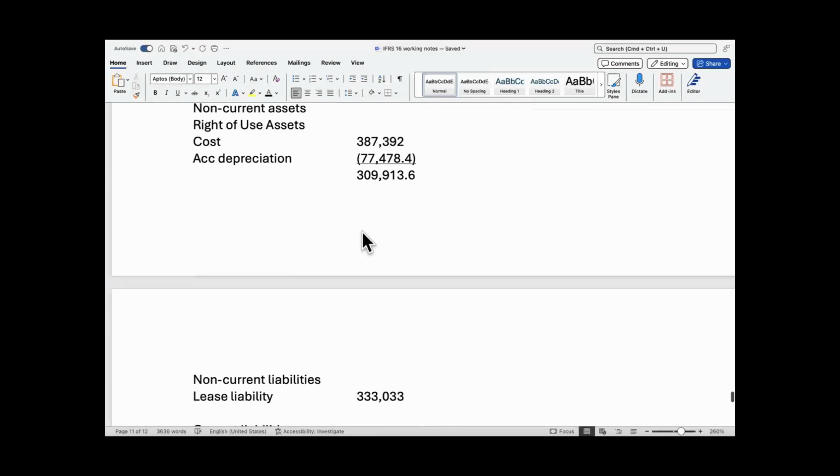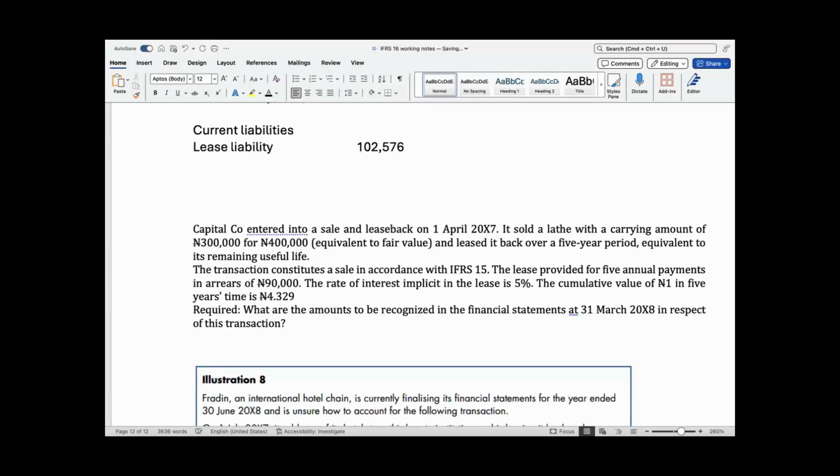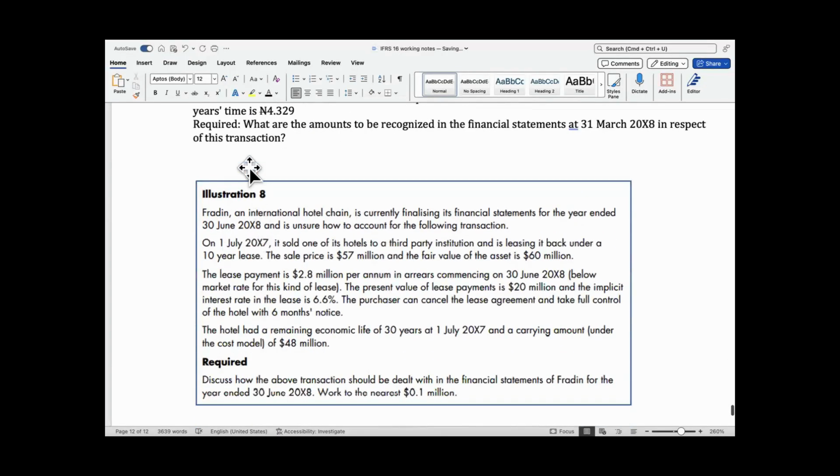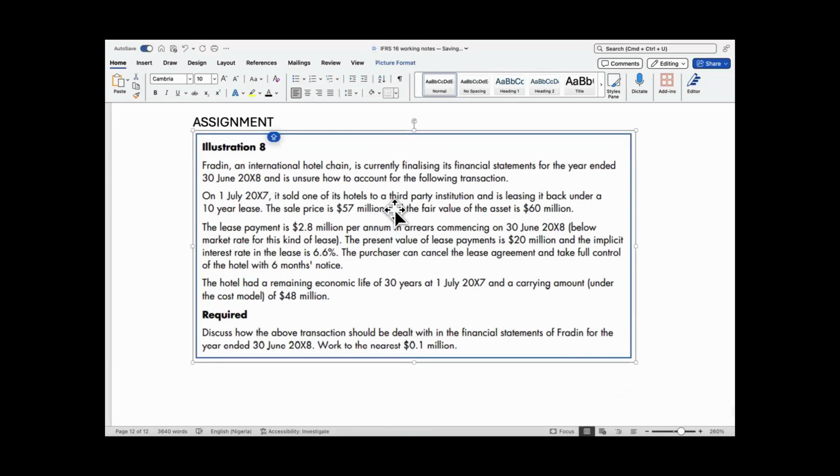So I would ask you to solve this question, which is similar to what I've solved so far. And also do this one as assignment. So this particular one is where the lease rentals are lower.